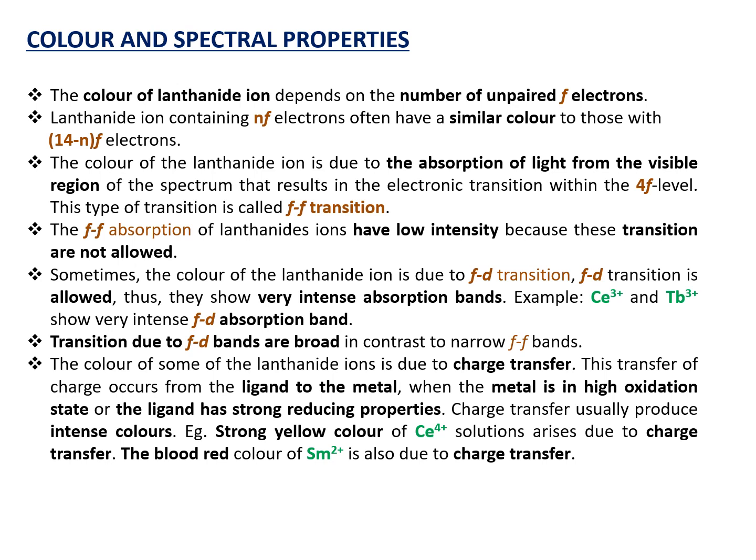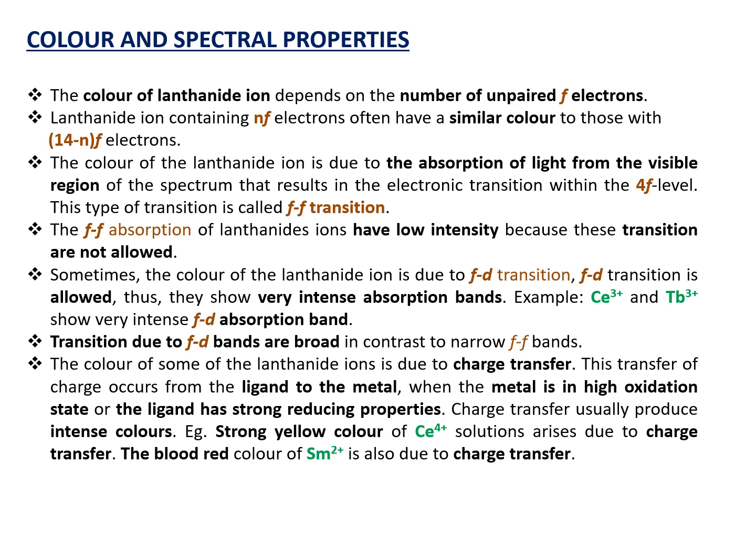The color of lanthanide ions depends upon the number of unpaired f electrons. Lanthanide ions containing n f electrons often have a similar color to those with 14 minus n f electrons. The color of the lanthanide ion is due to the absorption of light from the visible region. This type of transition is called the f-f transition.